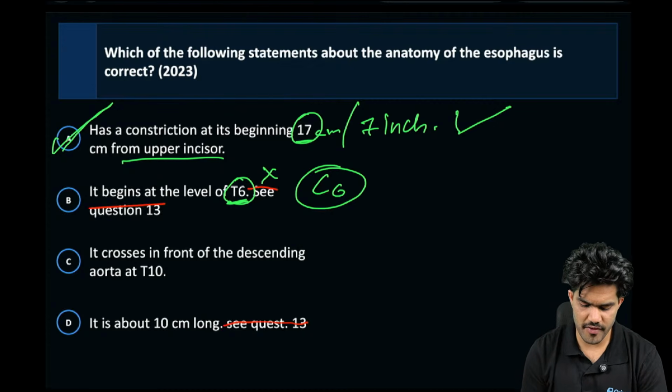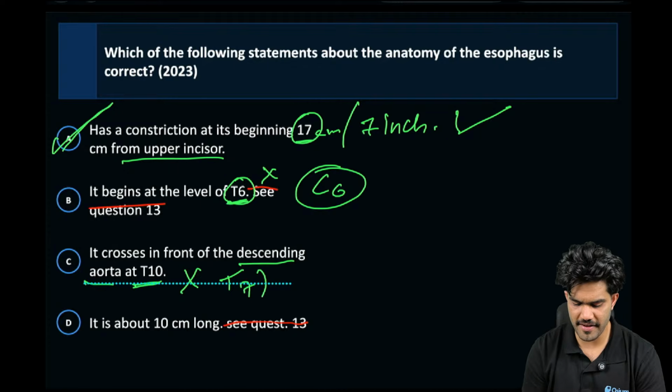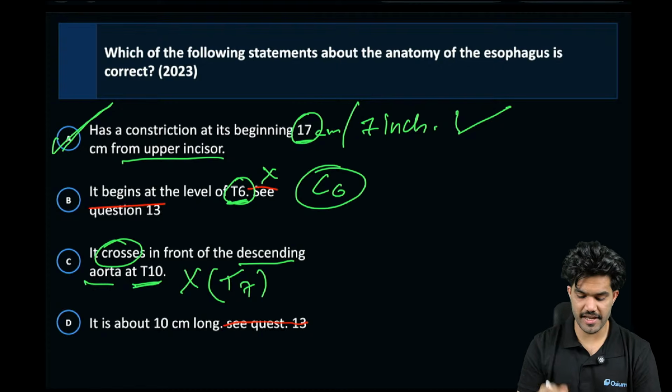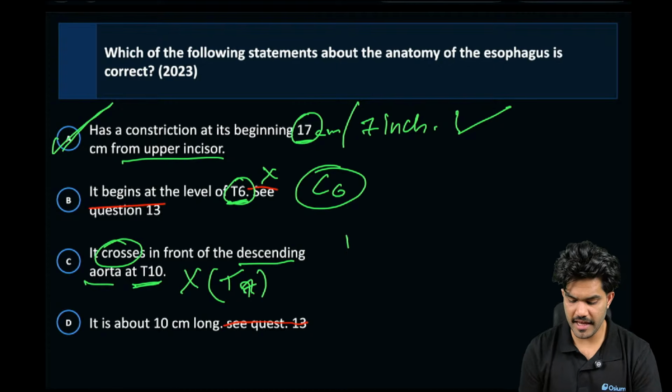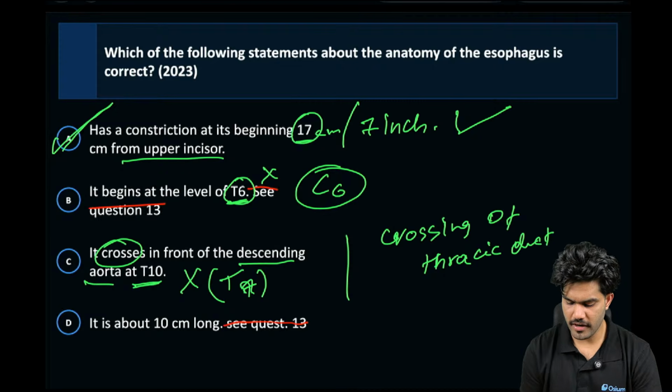It crosses in front of descending aorta at T10? No, it crosses behind the root of the aorta at T7. Crossing of the esophagus occurs at T7. Here, don't confuse. Crossing of the thoracic duct occurs where? At T5.